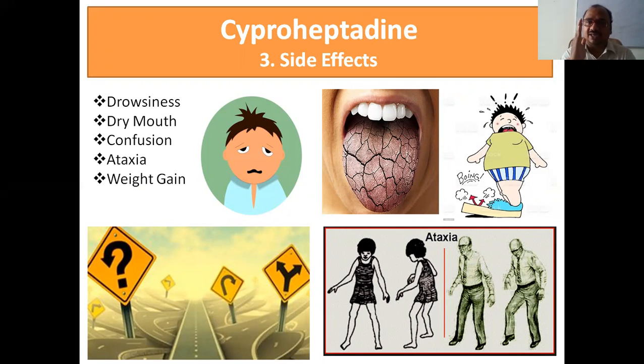These ataxia people walk like this, crossing, and they will come and clash into you. See how these persons are suffering with ataxia. Weight gain, you can see the weight gain symbol here, that is a side effect also. For fat persons it is a problem, for lean persons it is positive only.